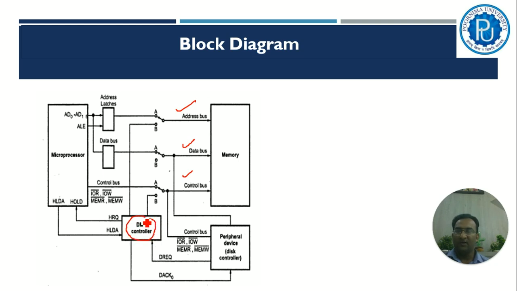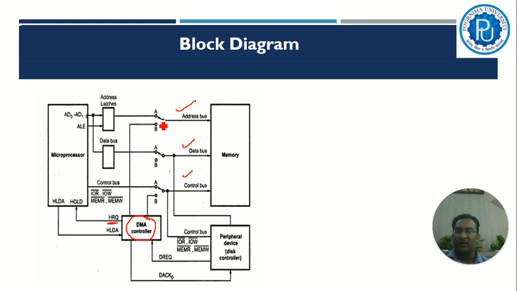What is the role of the DMA controller? The DMA controller sends the request by this HRQ to the microprocessor for the transfer to take place between the memory and the peripheral devices. For that, we want all these data bus, address bus, and control bus to be connected to the DMA controller.